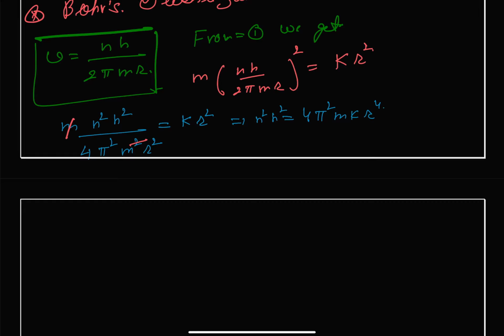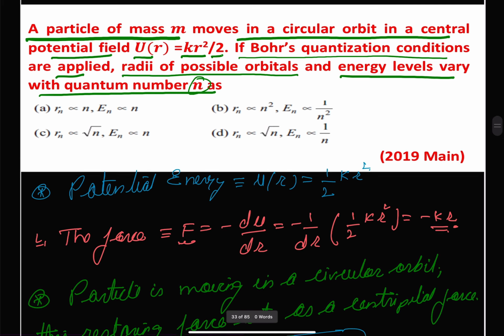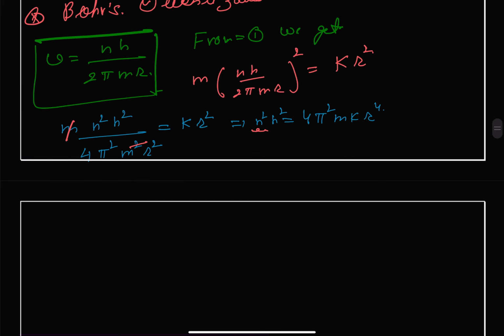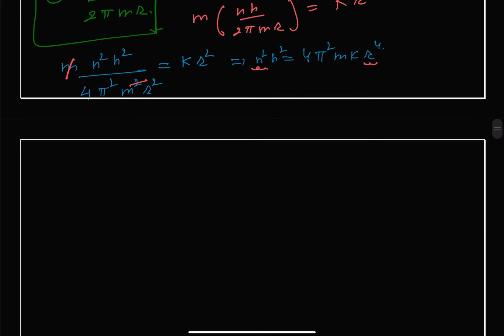Okay. We are only interested in the Bohr quantum number, and the value of n. Rest of things we can just ignore in terms of proportionality.